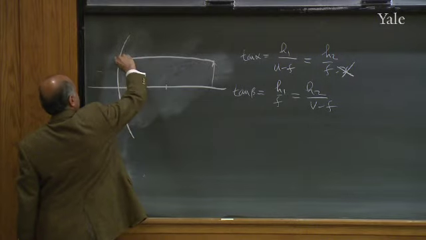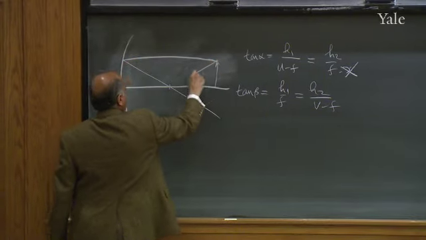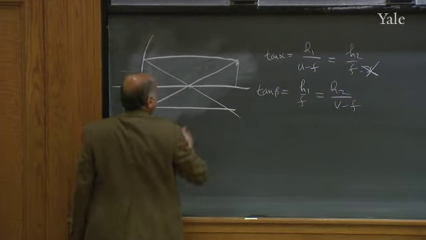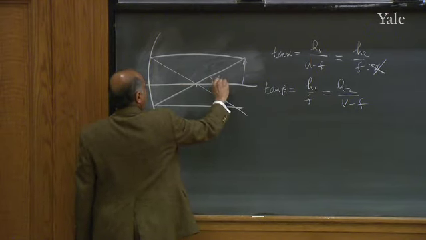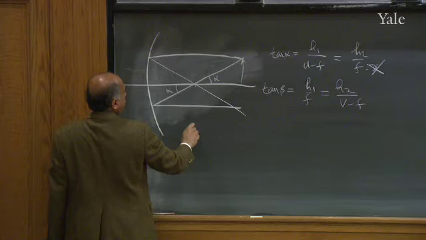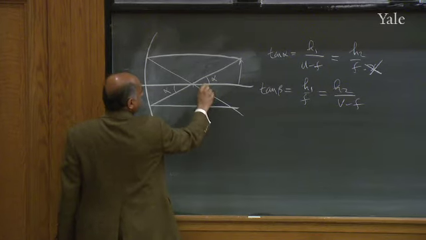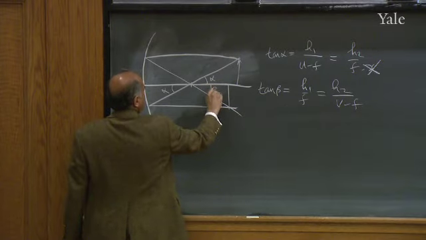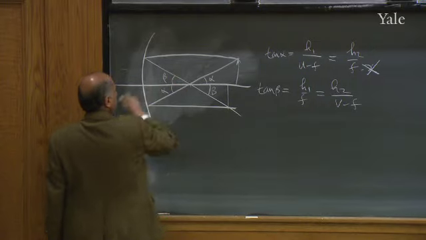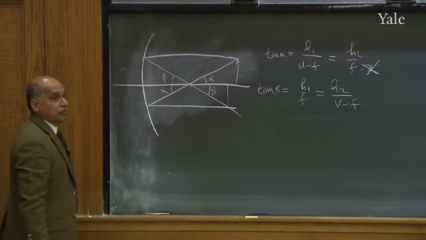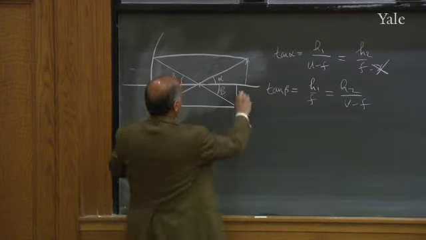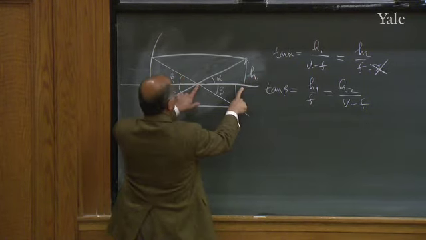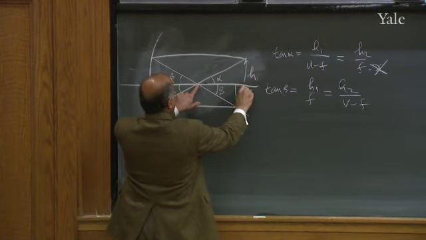That's one ray that did that, one which did that, correct? This is alpha, and that is alpha, and this is beta, and this is beta. That's all I've done now. So tan alpha is equal to h1 divided by this side, but u is the distance from the mirror.